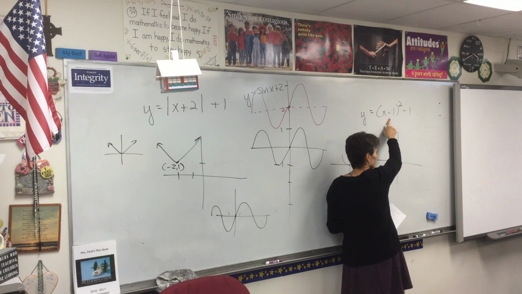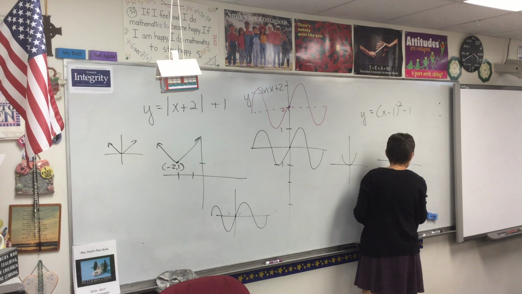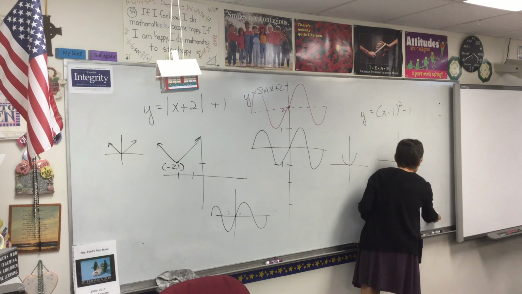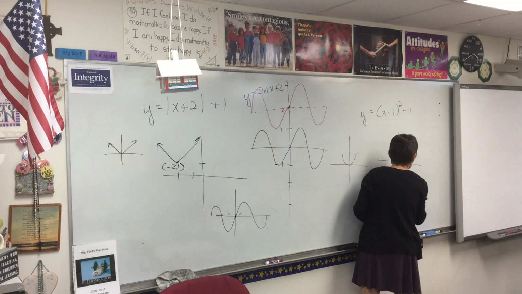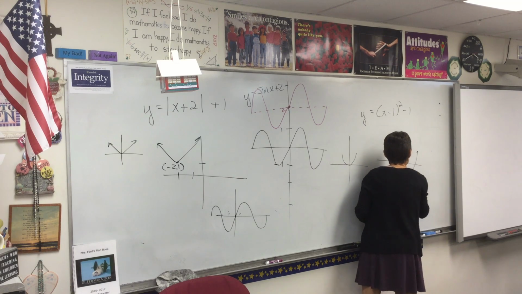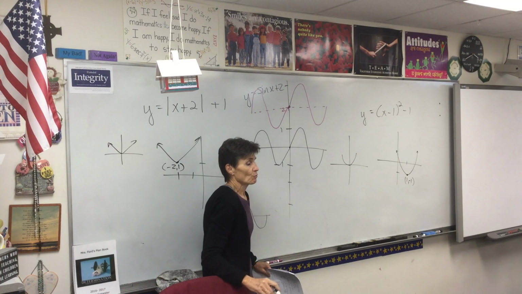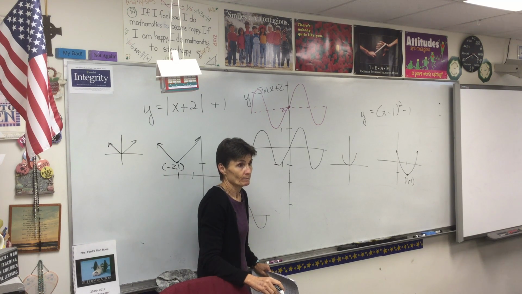That's right 1, and that is down 1. Is it the opposite when it's in parentheses? Yes. Emma just asked that question. So it's right 1, down 1, and there's my nice little parabola.